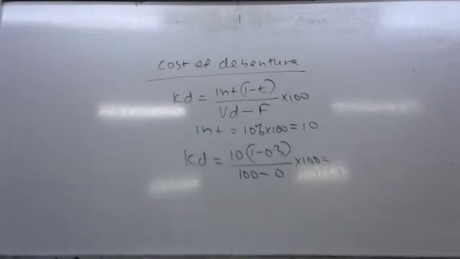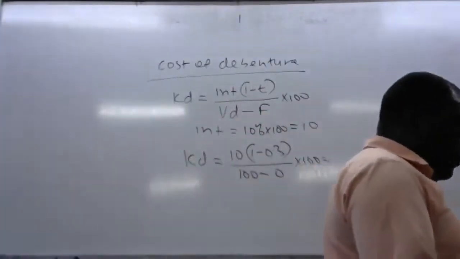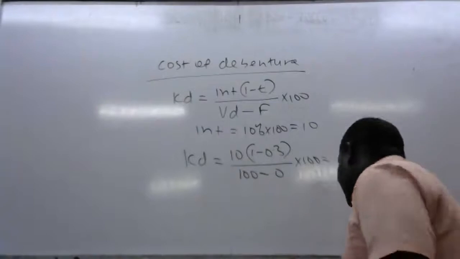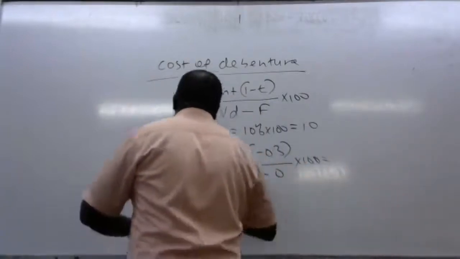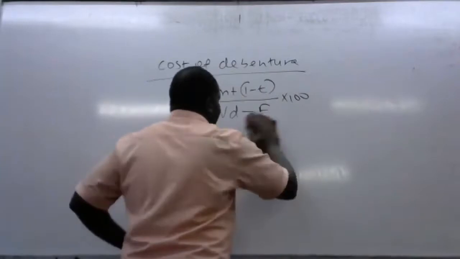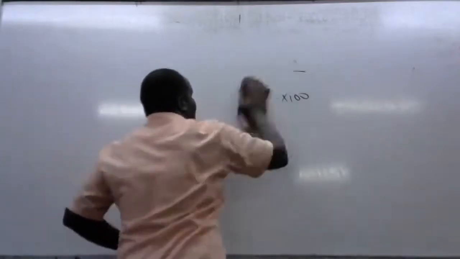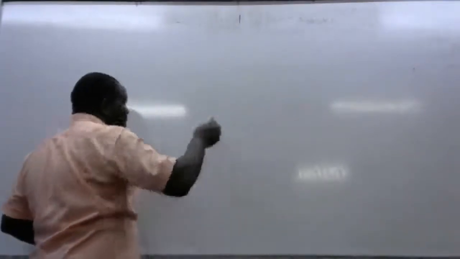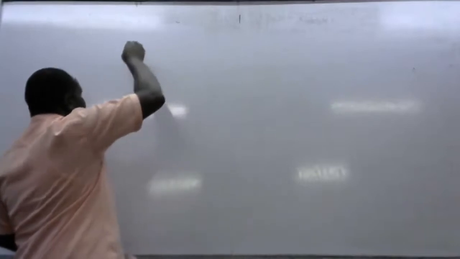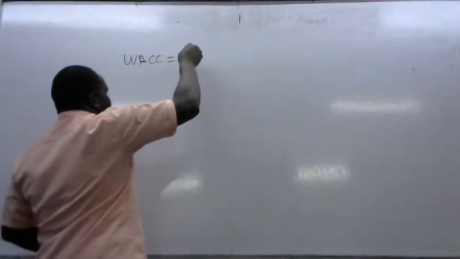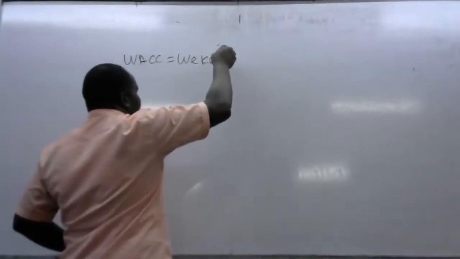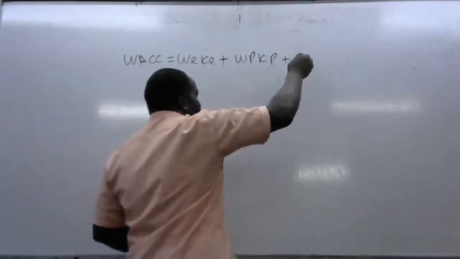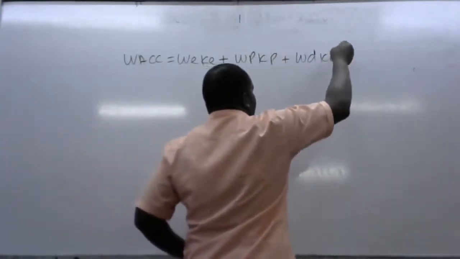So after that, we should now be able to compute the WACC. WACC will be given by the weight of equity, cost of equity, weight of the preference shares, the cost of the preference shares, weight of the debenture.